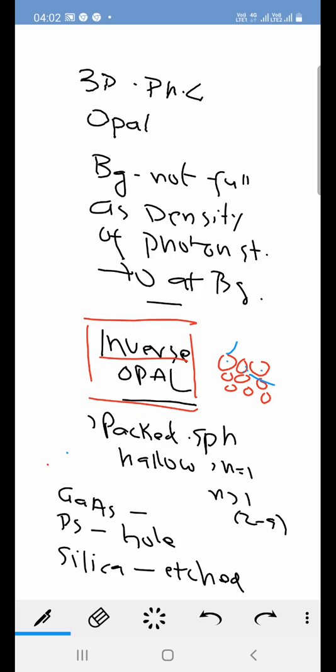So if it was N1 and N2, where N1 was greater than N2, in the inverse structure it should be the opposite, N1 should be less than N2, where we have burned the polystyrene spheres to form a hole, whereas the air has been replaced by the higher refractive index material. That's why you get an inverse opal structure.